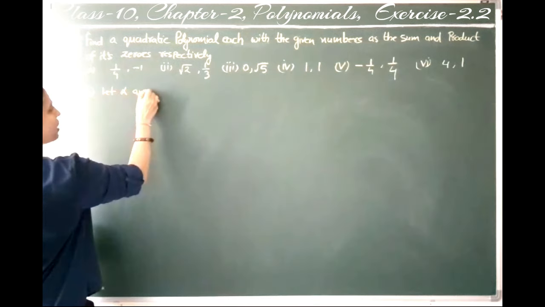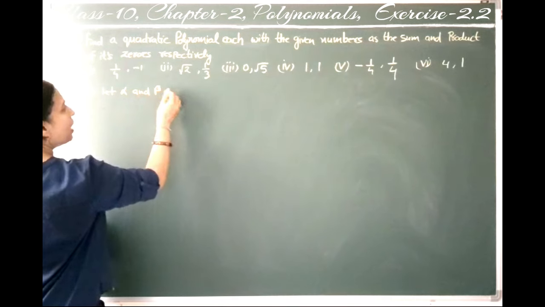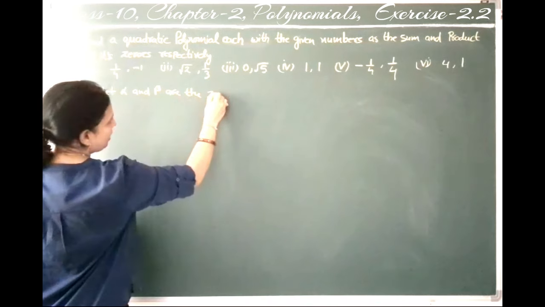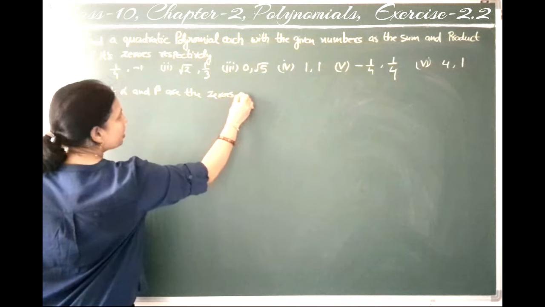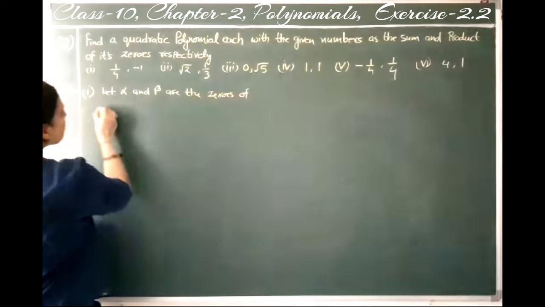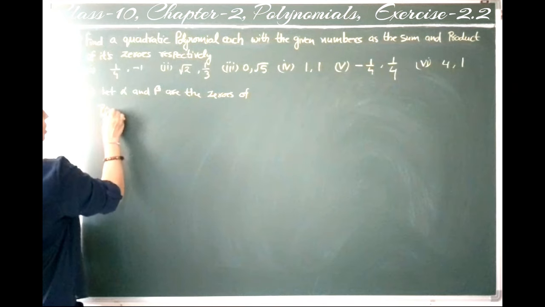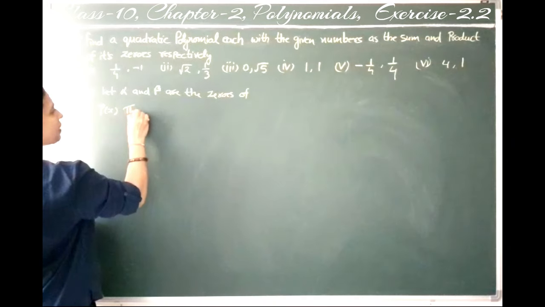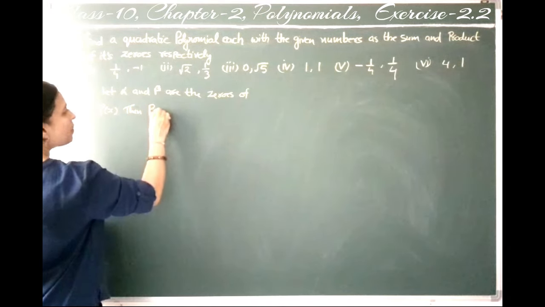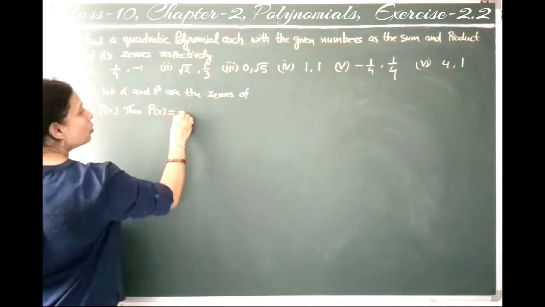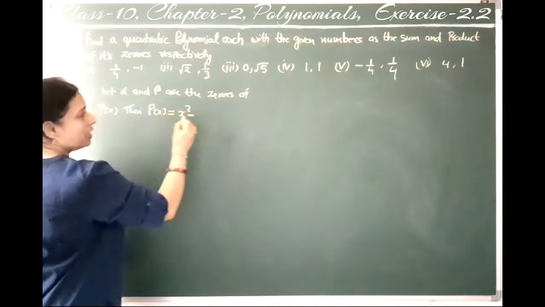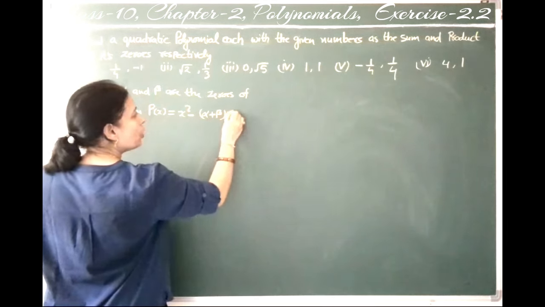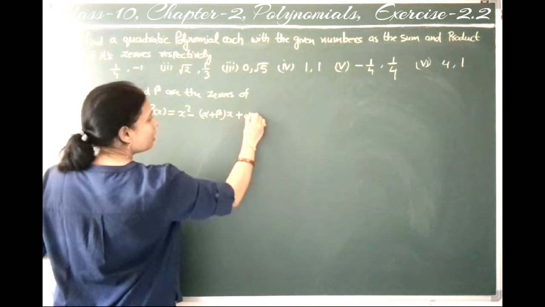alpha and beta are the zeros of Px. Then what will be Px? Then Px is equal to x square minus alpha plus beta into x plus alpha beta.